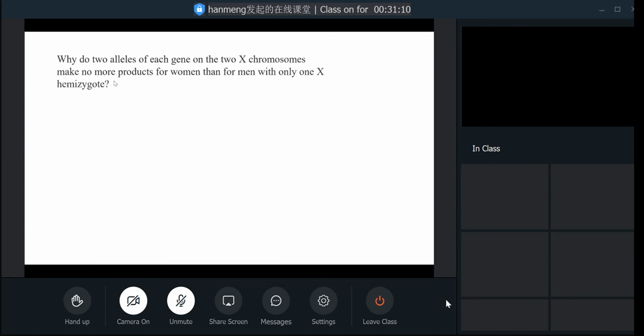So here comes a question. Why do alleles of each gene on the two X chromosomes make no more products for women than for men with only one X, hemizygote? We know the woman has two X chromosomes, but the man only has one X chromosome. The man also has a Y chromosome, but the Y chromosome is very, very small, the smallest chromosome in humans.